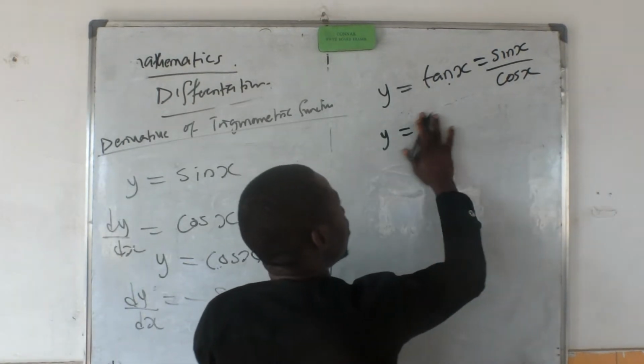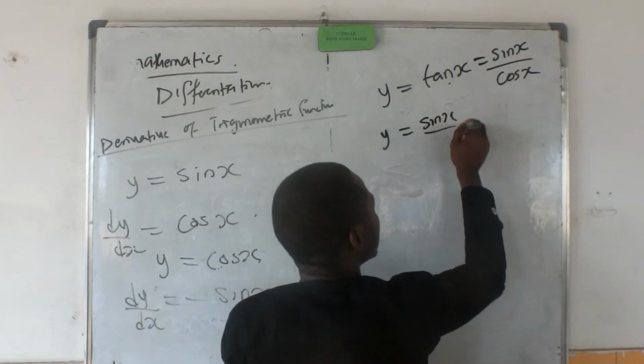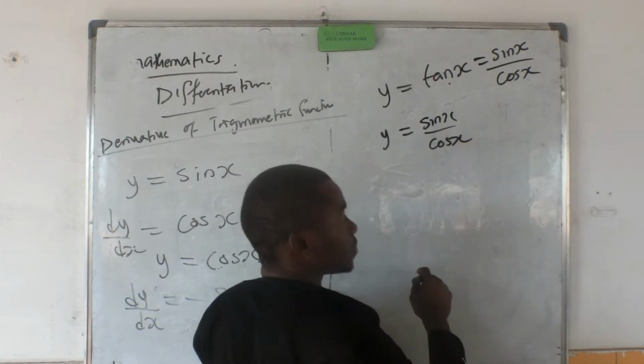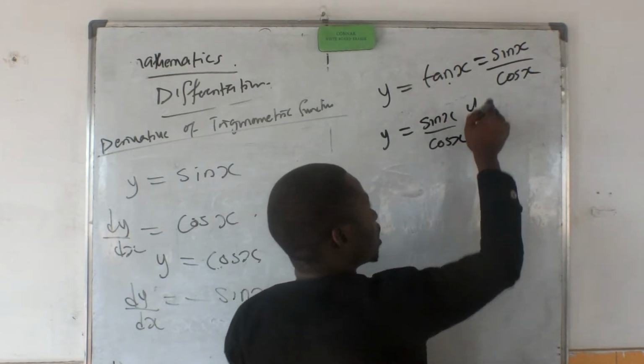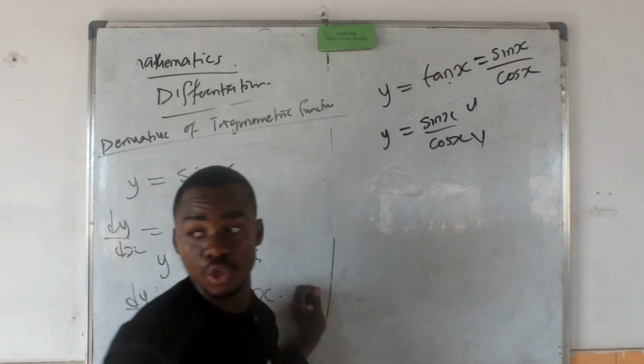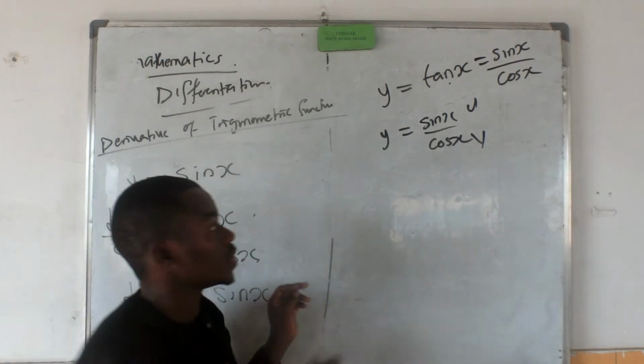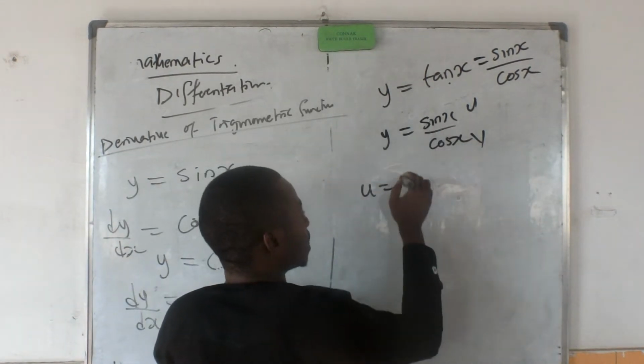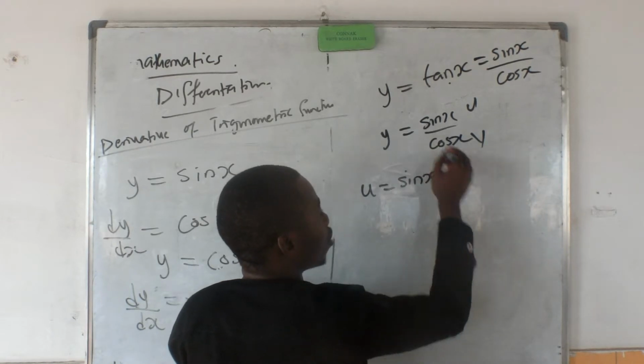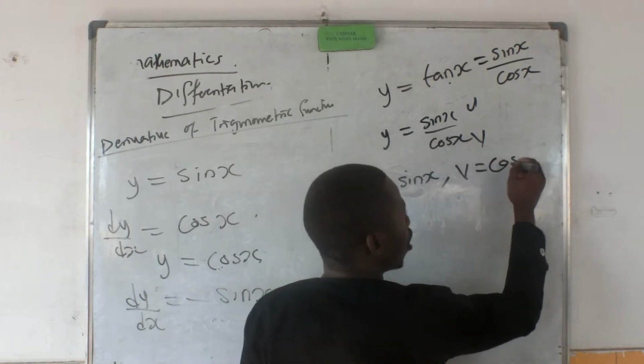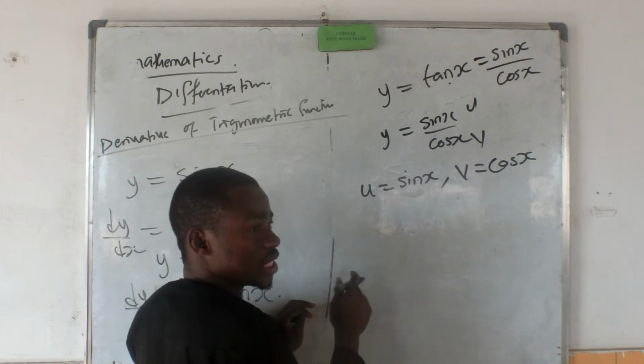So now, since you have sine x all over cos x, are you getting it now? You can take this one as u, you can take this one as v, using the quotient rule. U will now be equal to sine x, and v will now be equal to cos x. Now let's differentiate this.